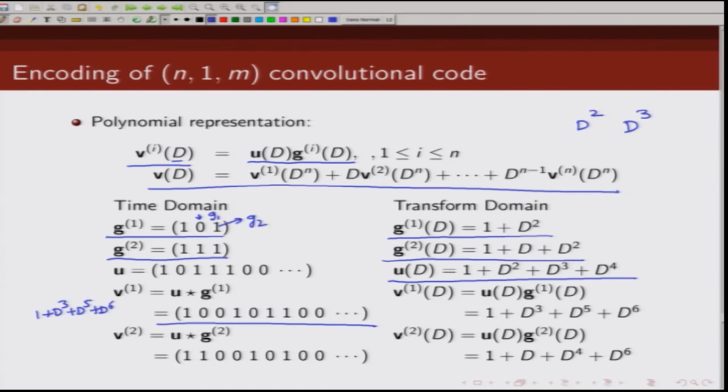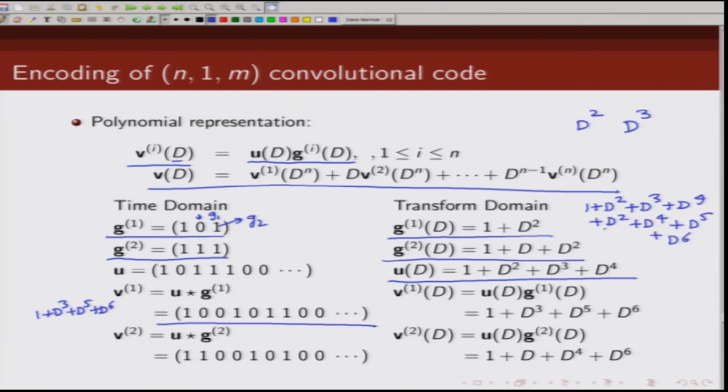If we multiply U of D by G1 of D, 1 times this will be 1 plus D square plus D cube plus D4, plus D square times 1 is D square, this will be D4, this will be D5 and this will be D6.